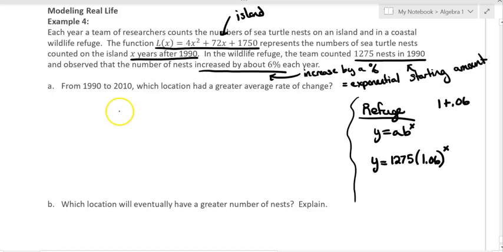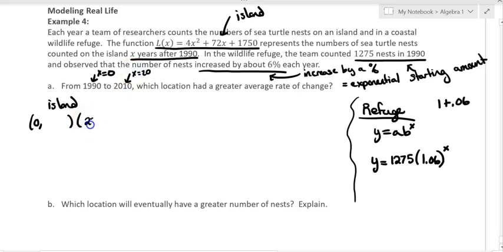So when they want to know the greater average rate of change, all right, so for the island, we're going to plug in 0 because 1990 is when x equals 0. It's 0 years after 1990. And for 2010, think how many years is 2010 after 1990? It's 20 years.